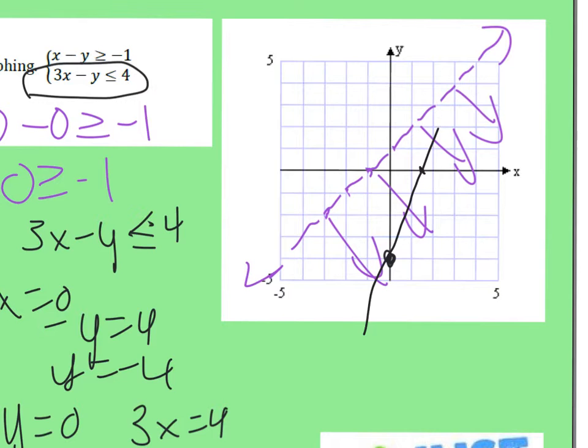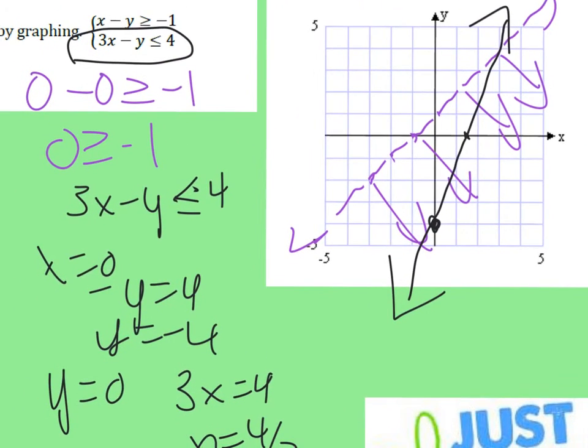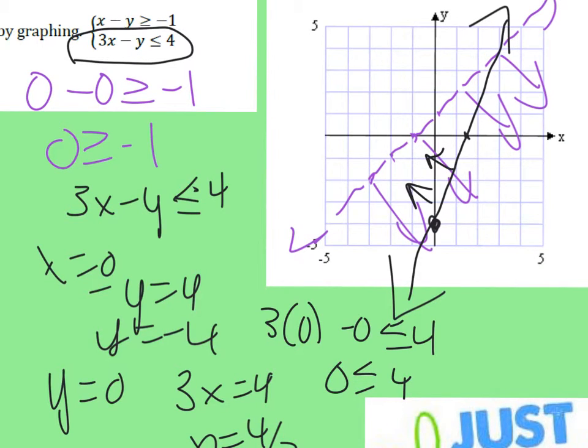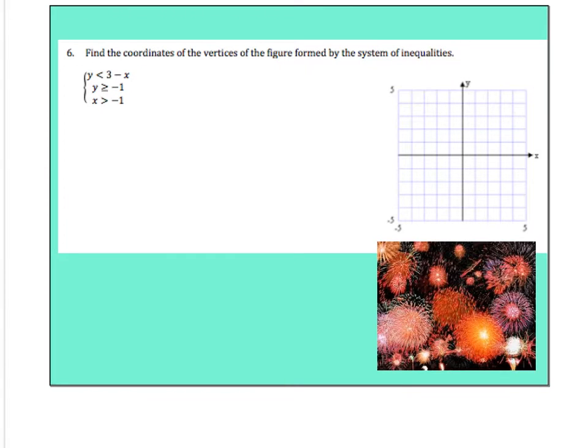So if I draw that line straight, now let's test 0, 0 here. Is 3 times 0 minus 0 less than or equal to 4? So 0 less than or equal to 4? Yes. So I shade towards it. So my common area becomes this right here. That's what I'm looking for.